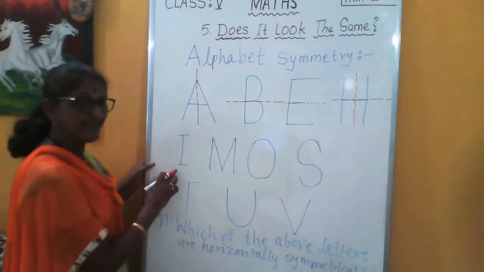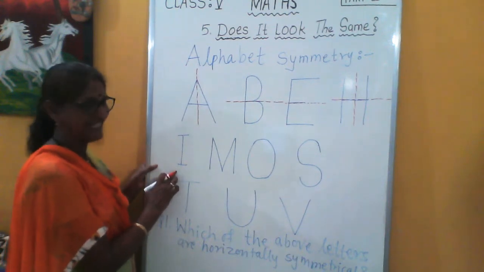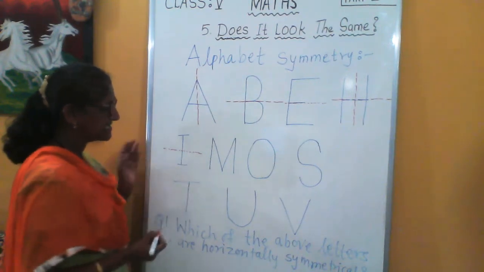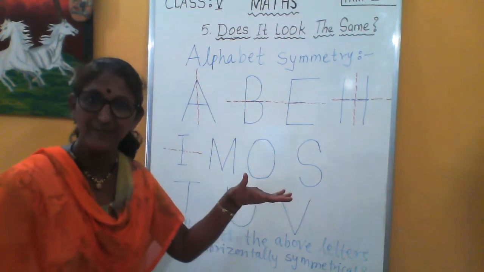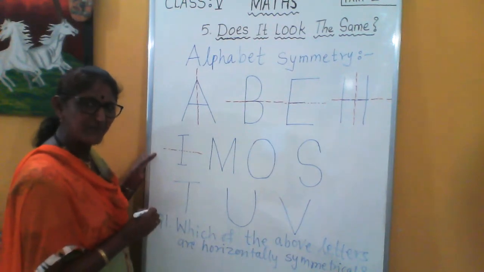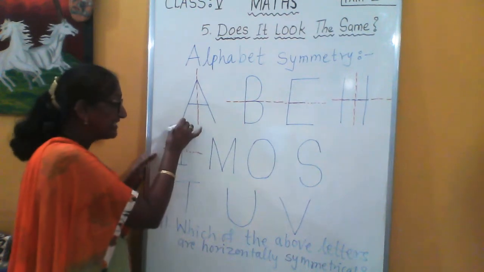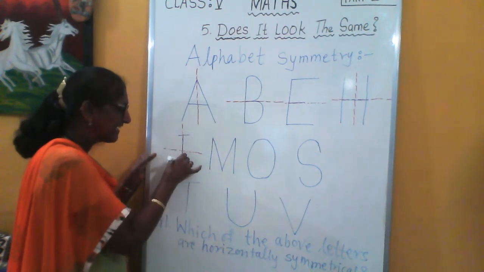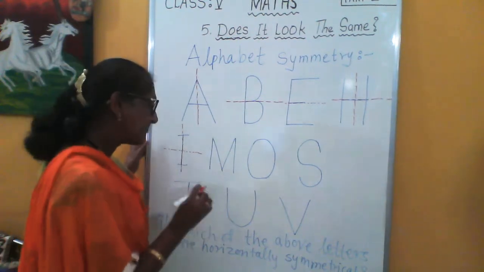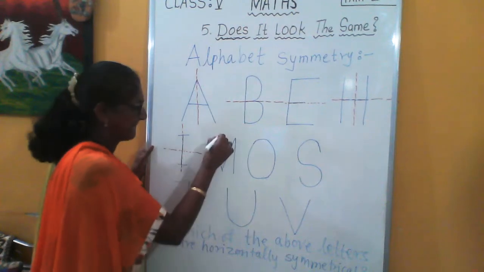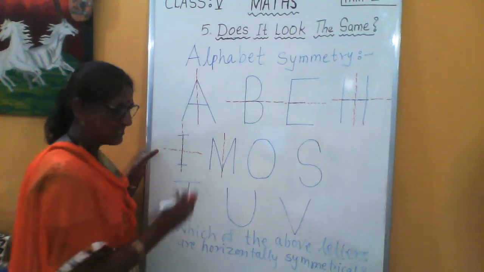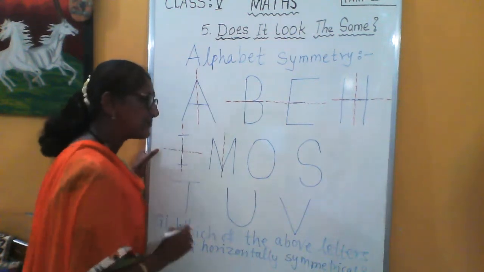Now, the next, I. For I, we have to put a line of symmetry horizontally. And if we put it vertically, then also it is possible. That way we have to think for letter M, we will put it vertically so that it will be divided into equal parts.